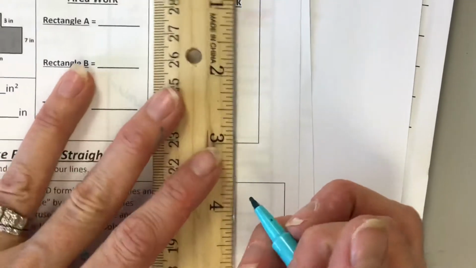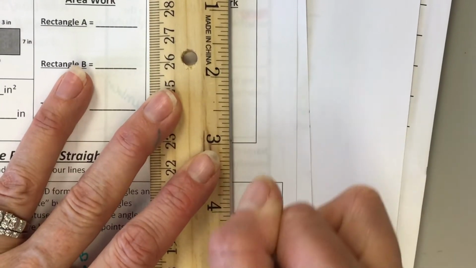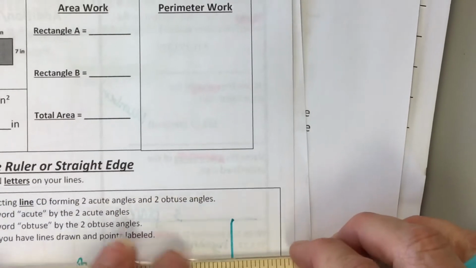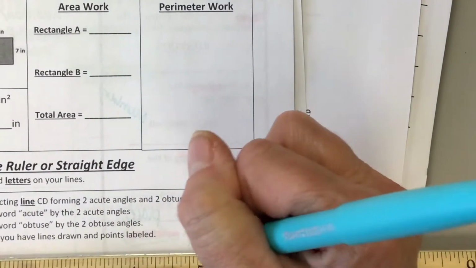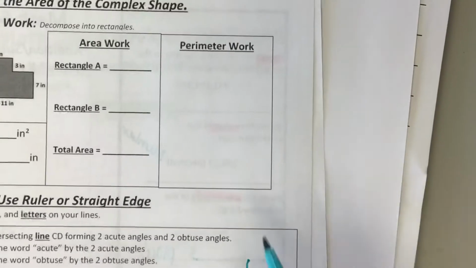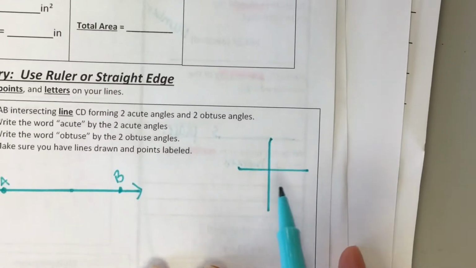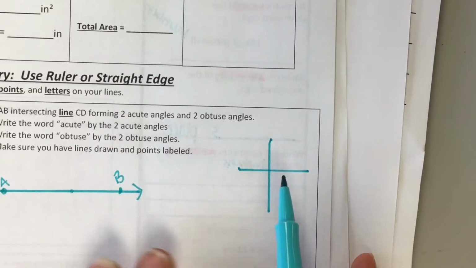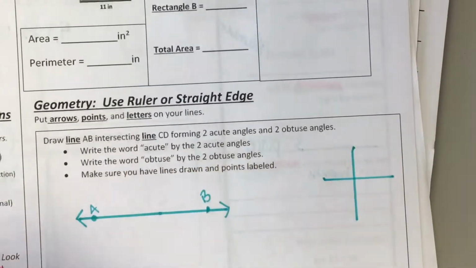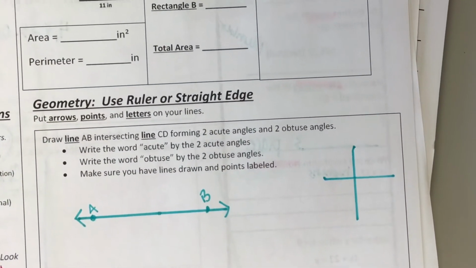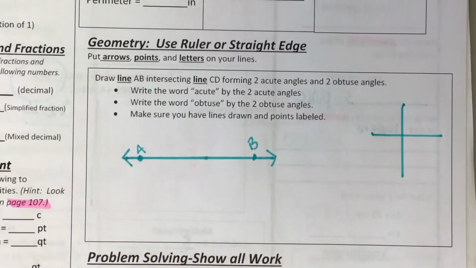Don't draw this, but let me just show you. Just look at my picture. Here are 2 intersecting lines, and they make 4 right angles, right? 4 right angles are 90 degrees. Well, this says that they need to form 2 acute angles and 2 obtuse angles.